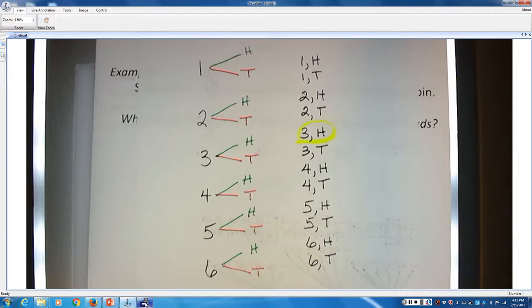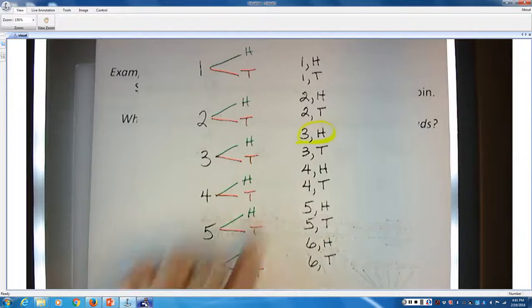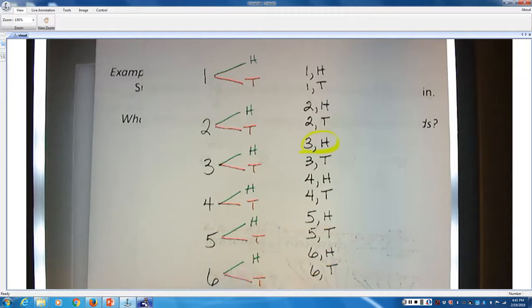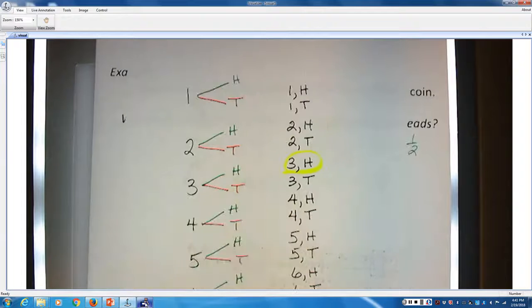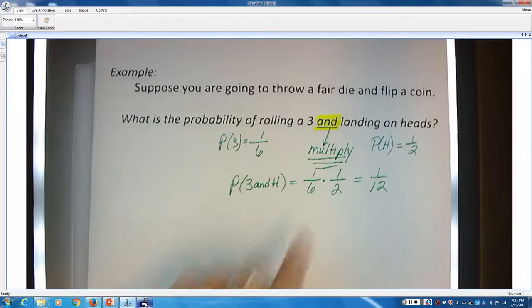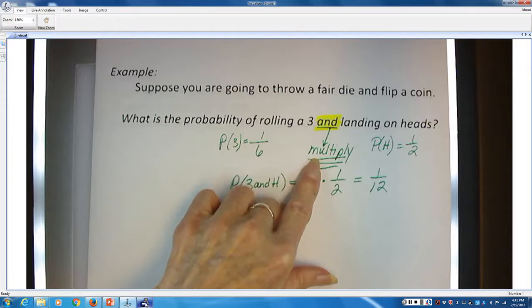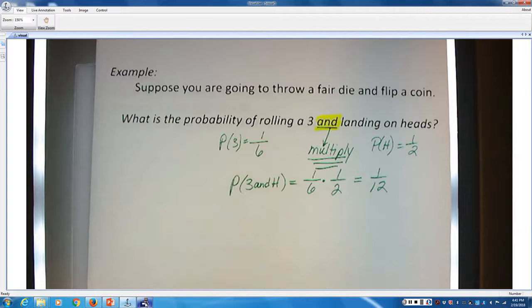So here's your choice. You're either going to have to make the tree diagram, list them all out, and count, or trust me. Associate the word and with multiply. That way you don't have to draw it all out. Okay?